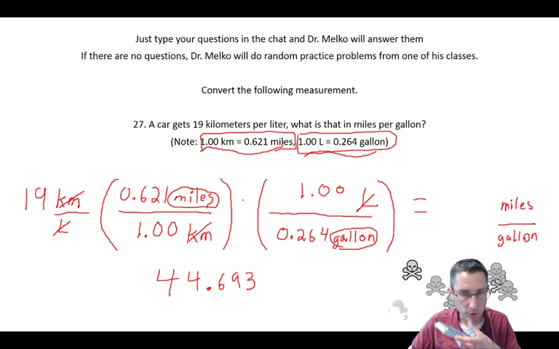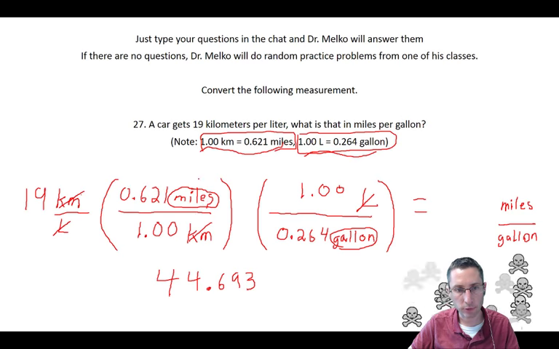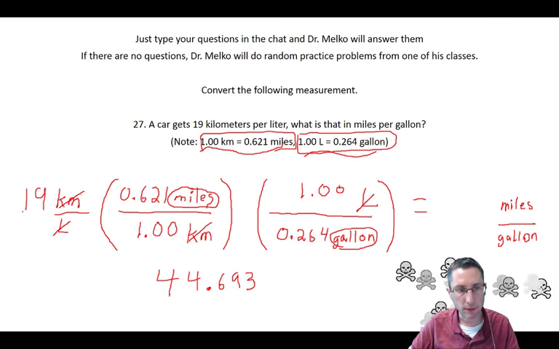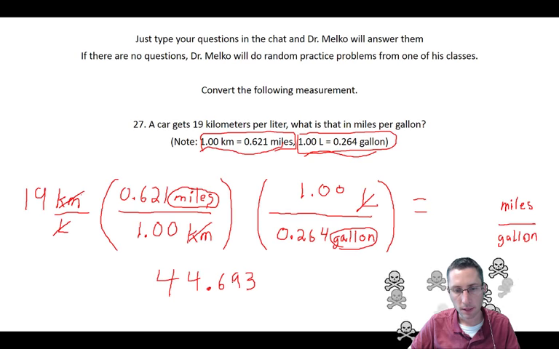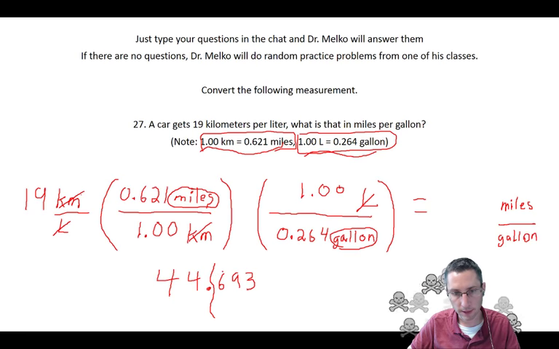Then go back and use your sig fig rules. You should get 2 sig figs, since you start with 2 and multiply by 3 sig figs, and multiply by 3 sig figs. You want 2 sig figs, or the least number of sig figs, in your final answer. So we have to round off all these decimal places. It's going to be 44, but then I look at the next number.